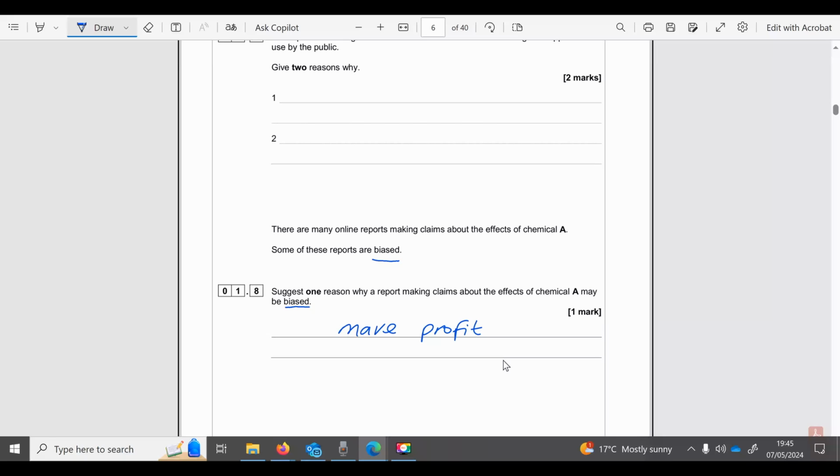On the other side of it, maybe somebody else might be trying to sell chemical A too. So they don't want the person that is selling it also to gain from it. So it's to prevent competitors gaining money.